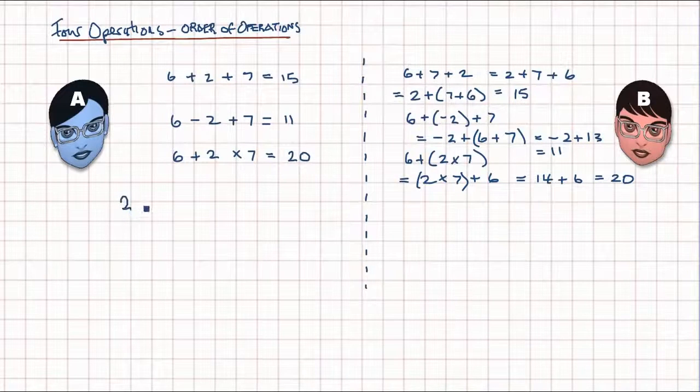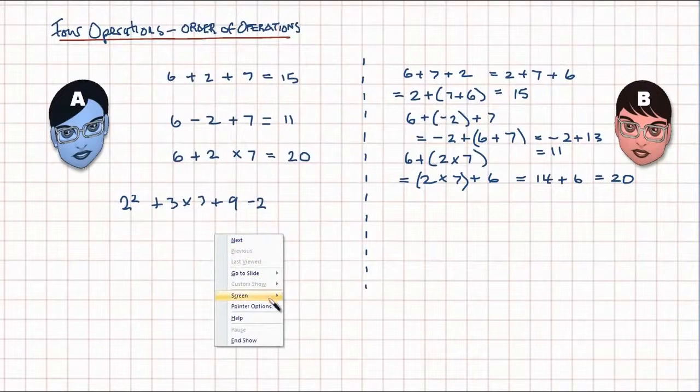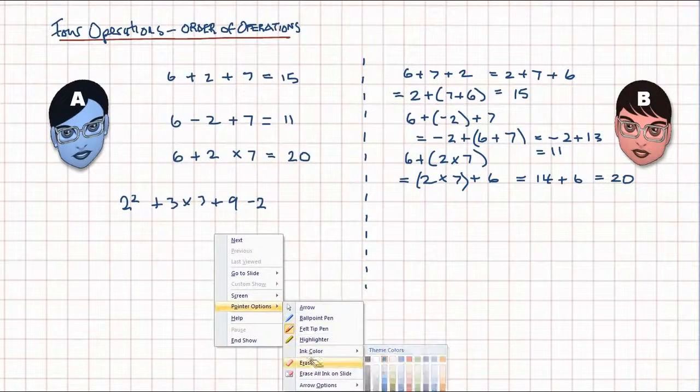I'm going to now introduce another kind of multiplication, and here we're going to just use squaring. So we've got 2 squared plus 3 times 7 plus 9 subtract 2.